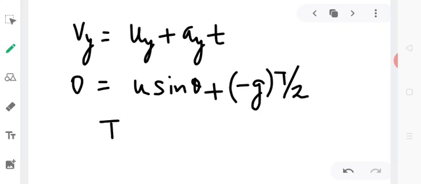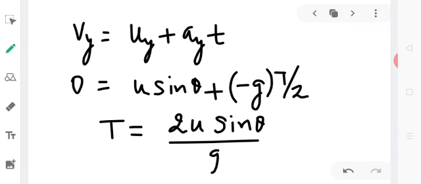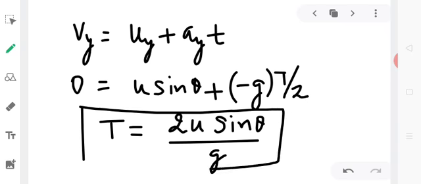So we can write down t to be equal to twice u sine theta by g. So this will be the expression for the time of flight.